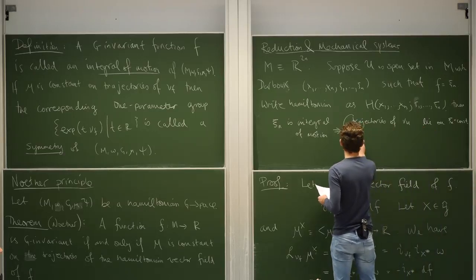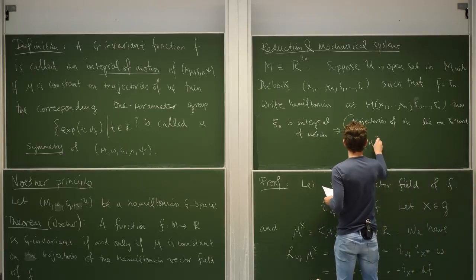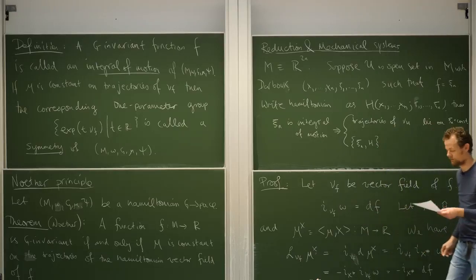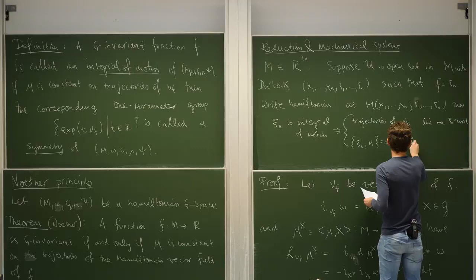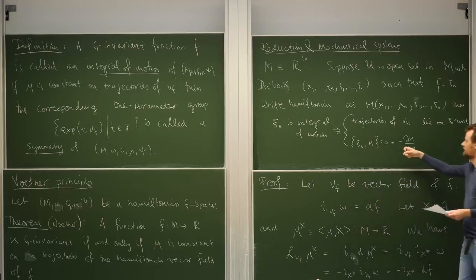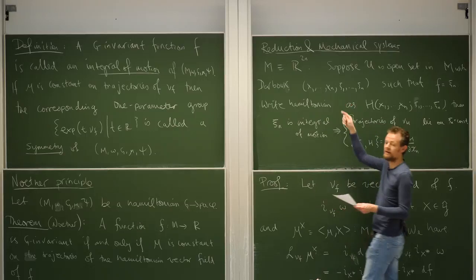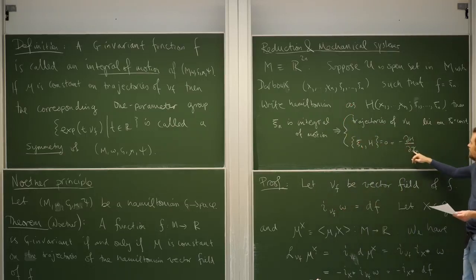Another way of saying that is the Poisson bracket of h with psi n is 0. But the Poisson bracket, because we're going to take the standard symplectic 2 form here, is equal to minus dh dxn.